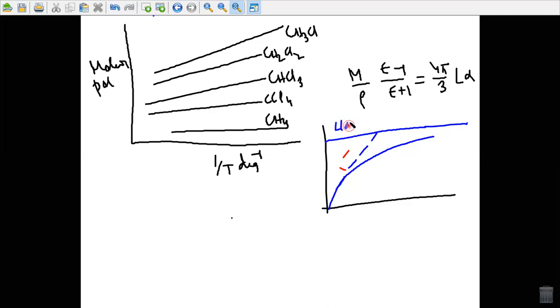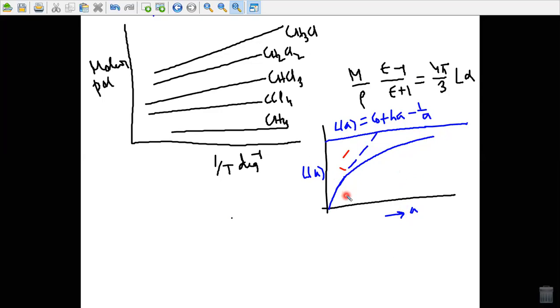This is my function L(A) equals coth A minus 1 upon A. This is A upon L(A), right? So the slope is simply related to P.